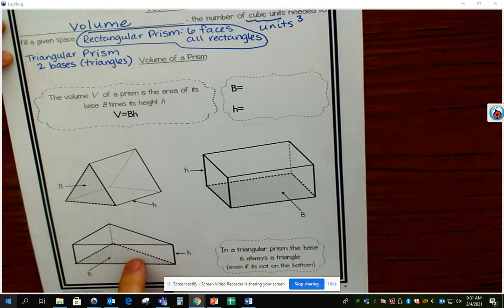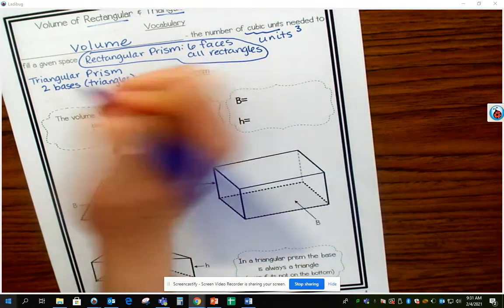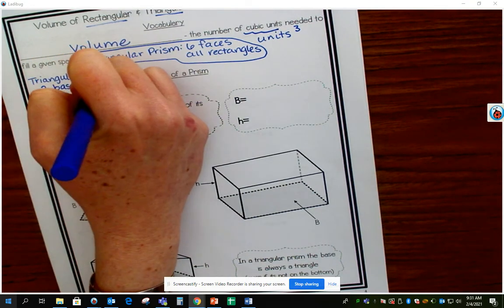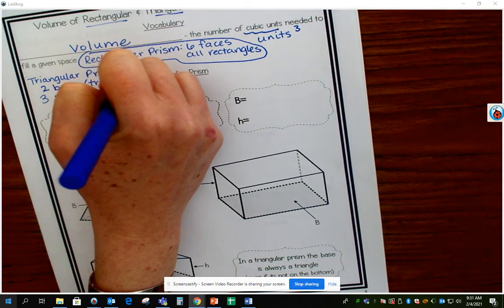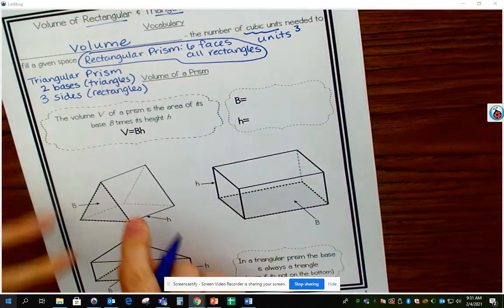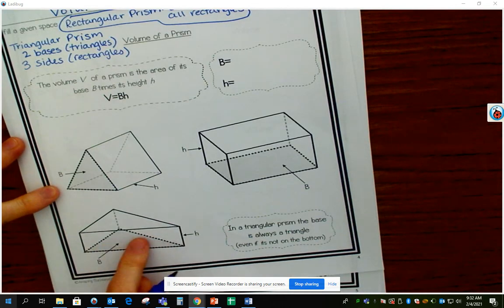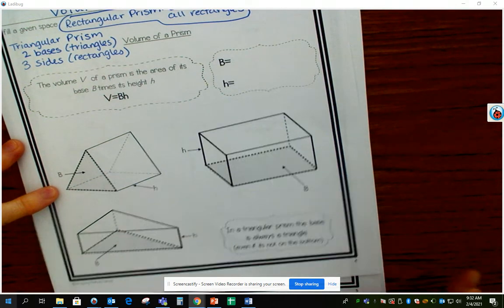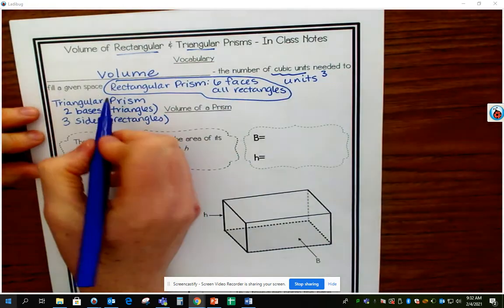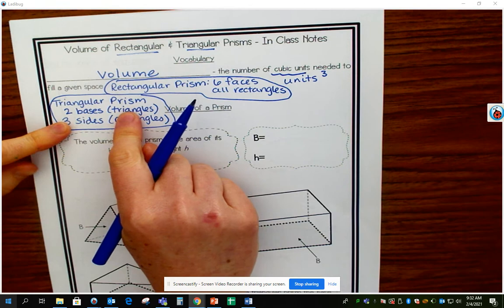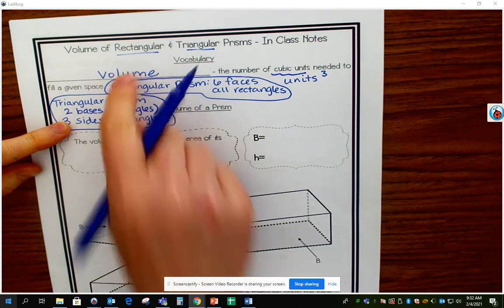And it will have 3 sides that are rectangles. So here 1, 2, 3 rectangular sides. Okay, so we're looking at triangular and rectangular prisms, and today we're concerned with the volume of them.